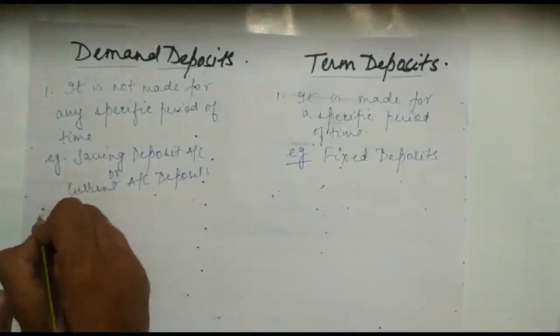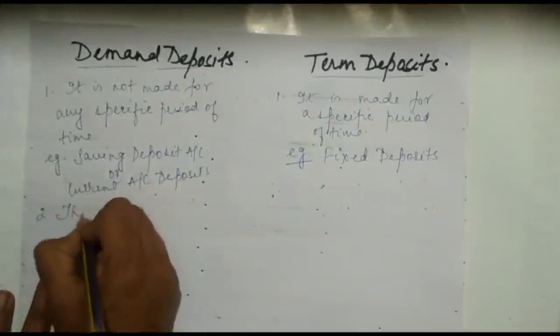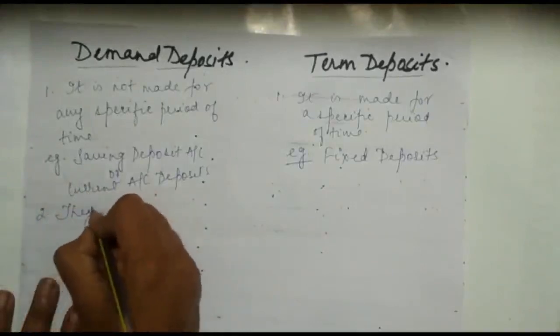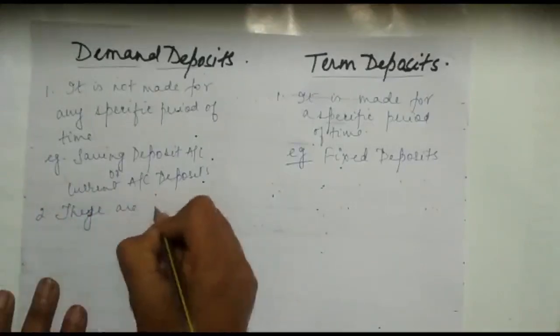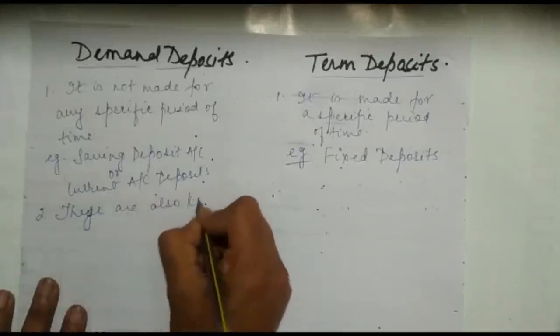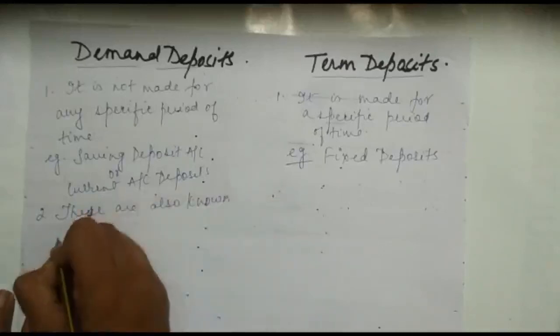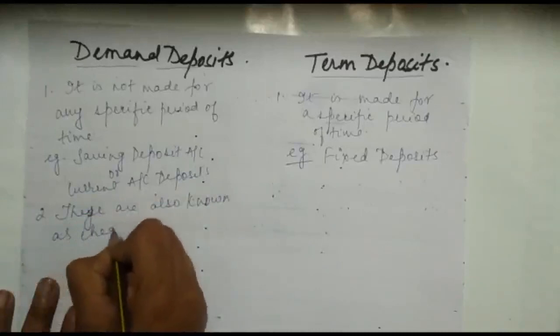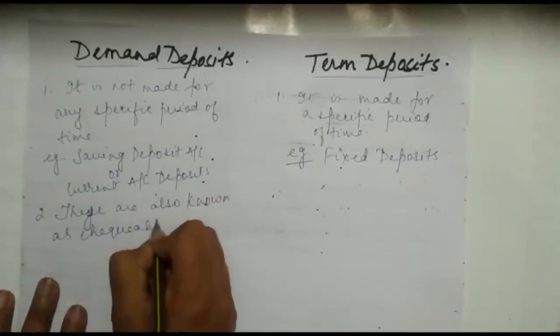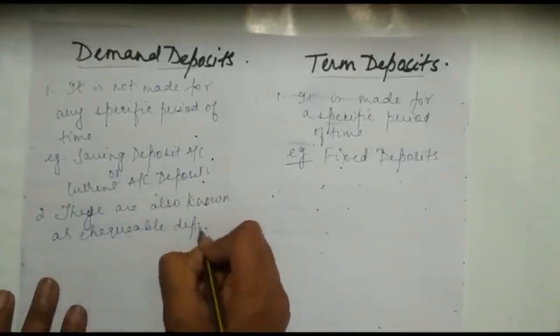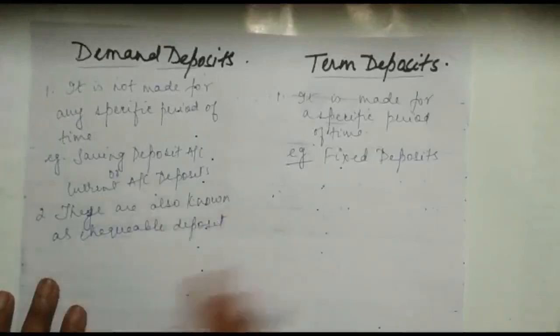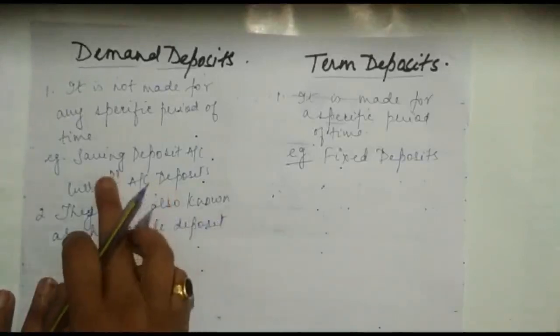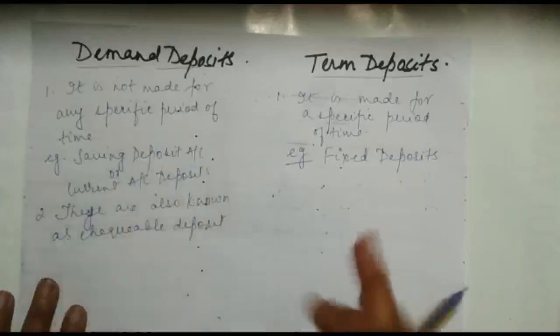Okay, so demand deposits are also known as checkable deposits. You can write a check against such a bank account, the saving account and the current account.